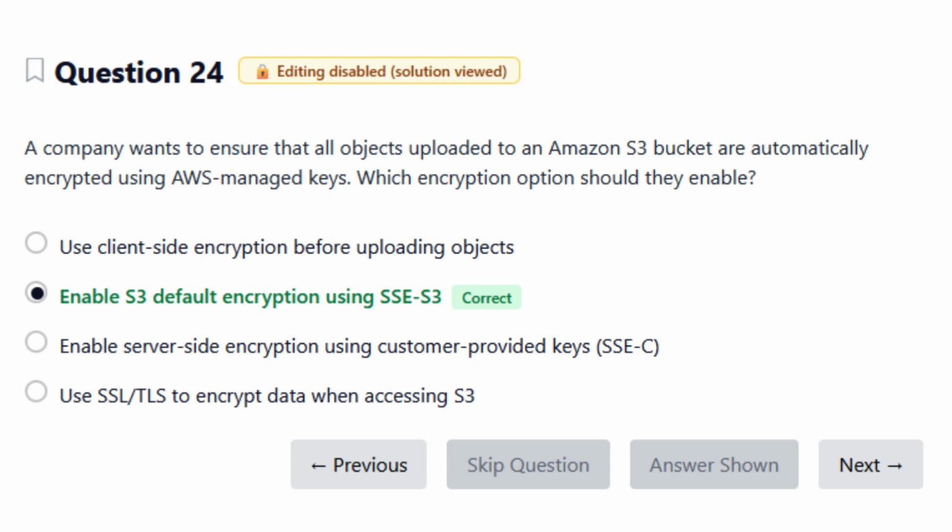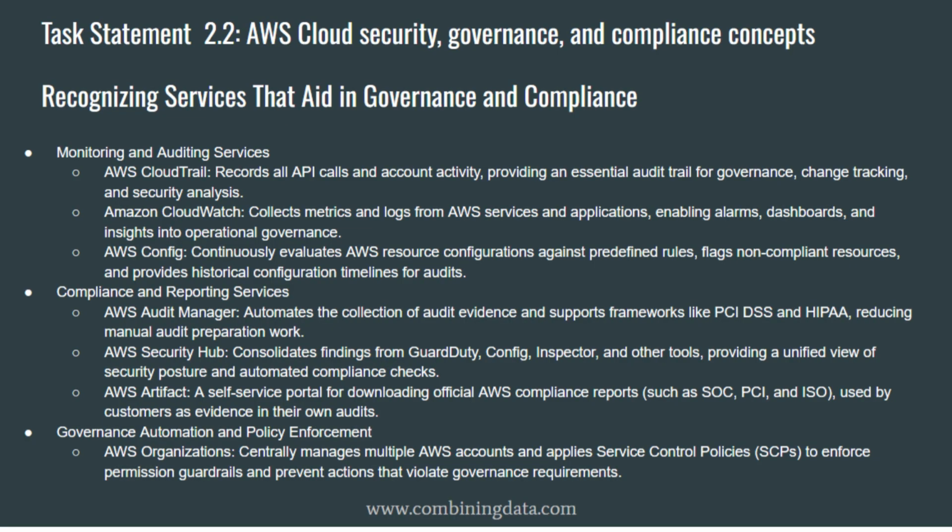So the key takeaway is, when you want automatic encryption at rest in S3 using AWS managed keys, the correct solution is S3 default encryption with SSE-S3. This is a very common and important exam scenario.